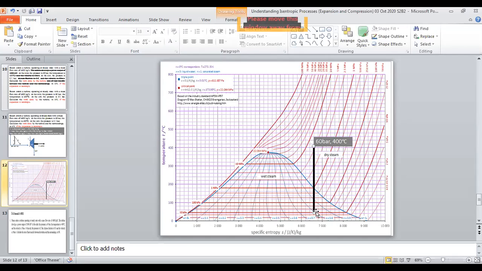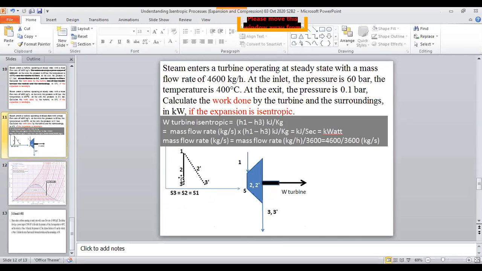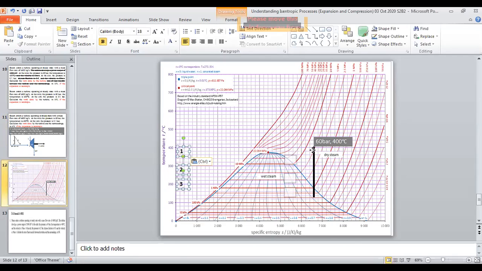During the expansion, since the entropy remains S1 equals S2 equals S3, S2 may still be superheated.